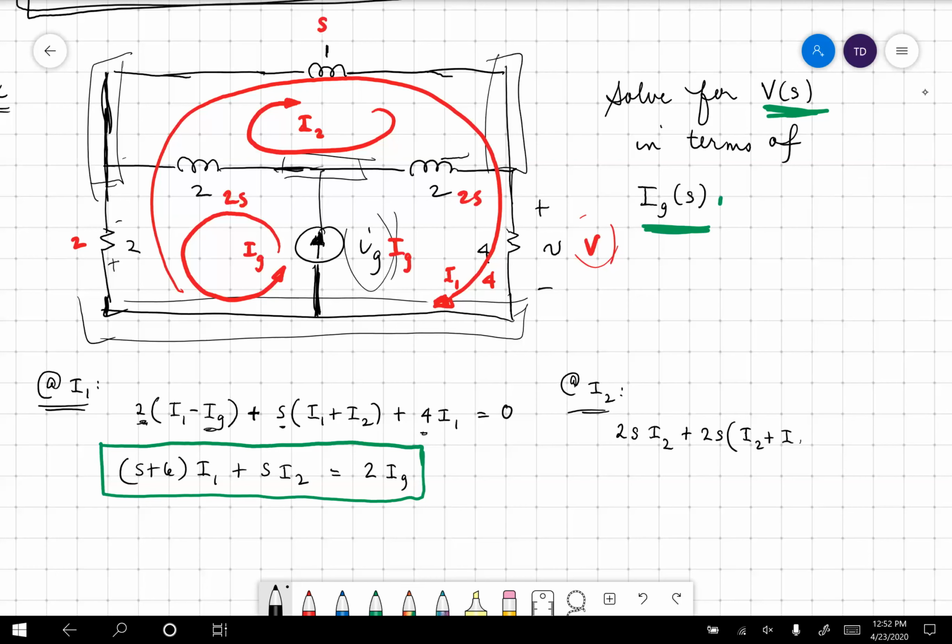They both go through in the same direction. I2 goes this way, IG goes this way. And then continuing the loop, plus S times both I2 and I1, I2 plus I1. Sum those up, they're equal to 0.